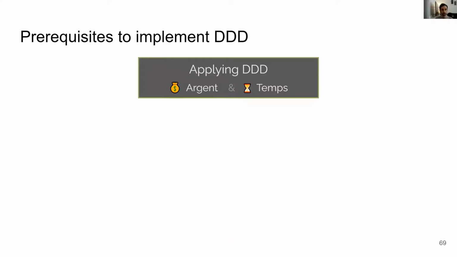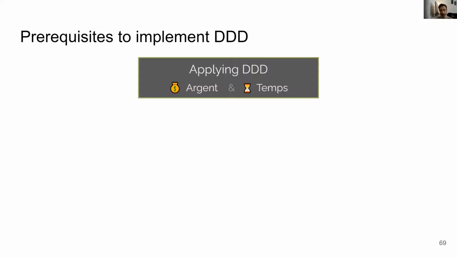So that's the last part of the presentation. There are some prerequisites to implement DDD that we should take into consideration. Applying DDD takes a lot of time and a lot of money, because we need to have an alignment between all of our models.